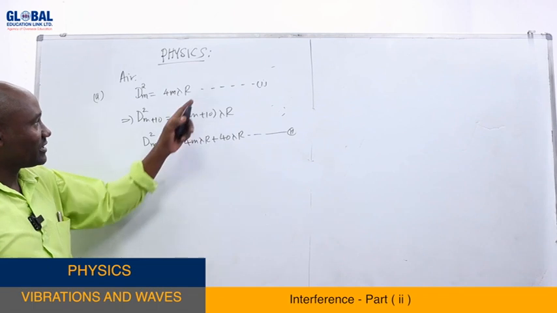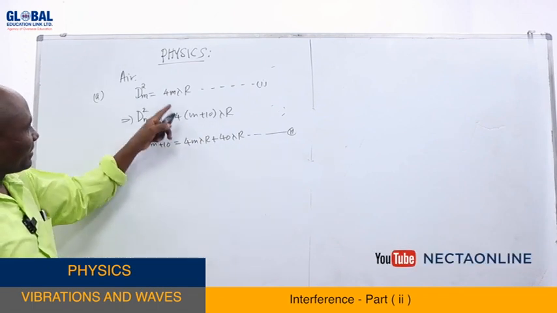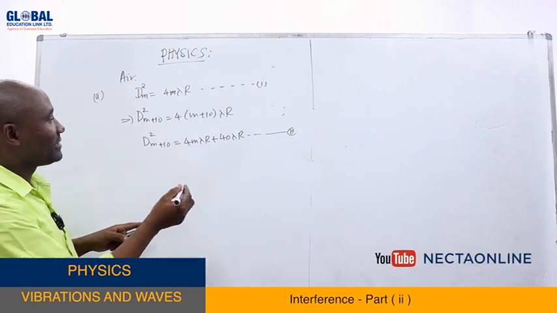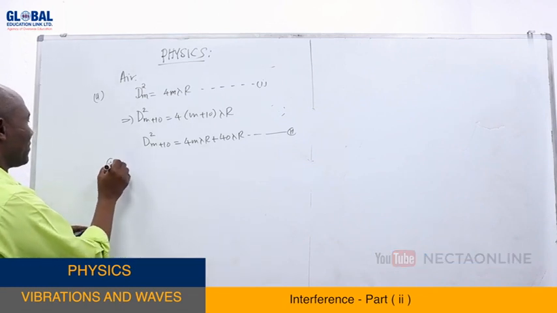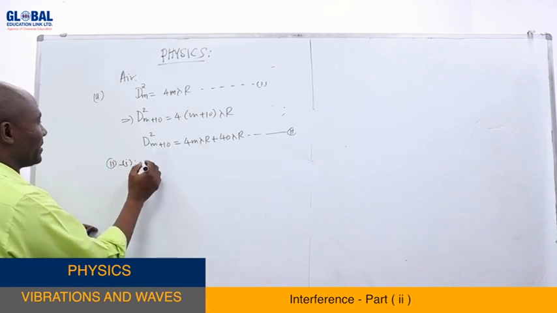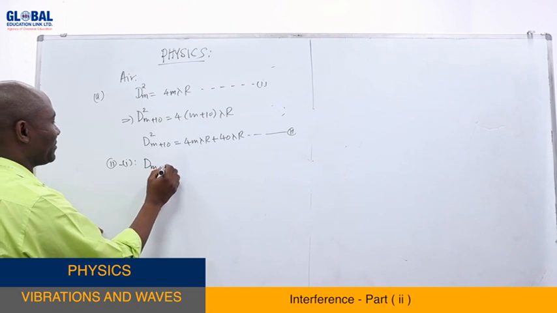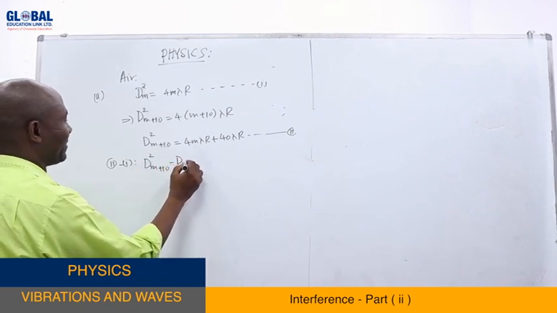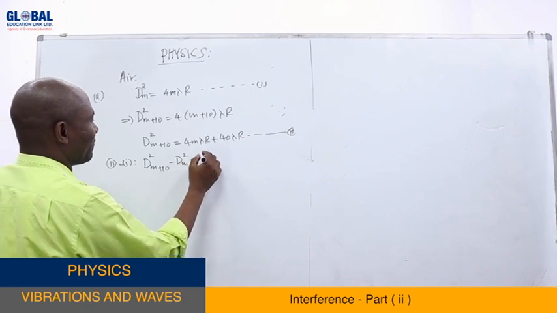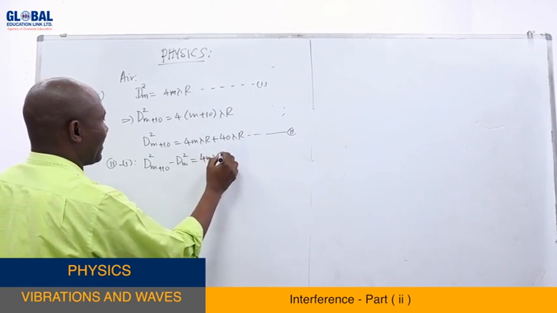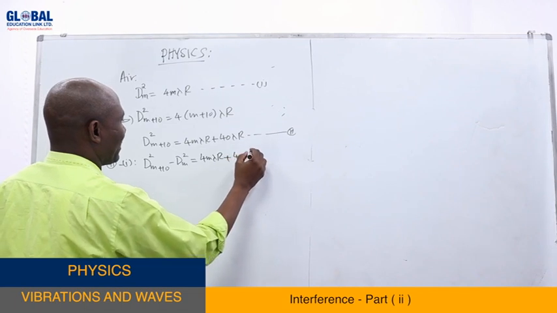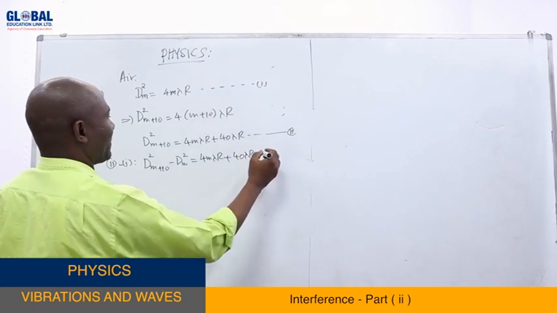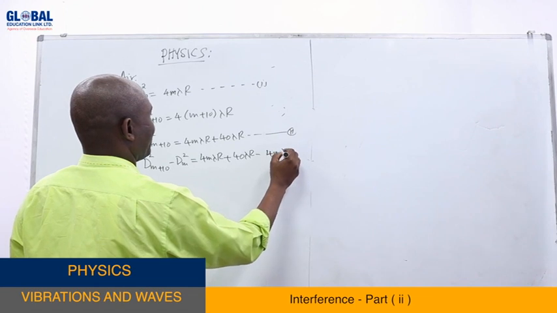If you check the 2 equations here, you can find the radius of curvature by subtracting equation number 1 from equation number 2. This will be the diameter corresponding to D(m+10) squared minus Dm squared, which equals 4mλR plus 40λR minus 4mλR.